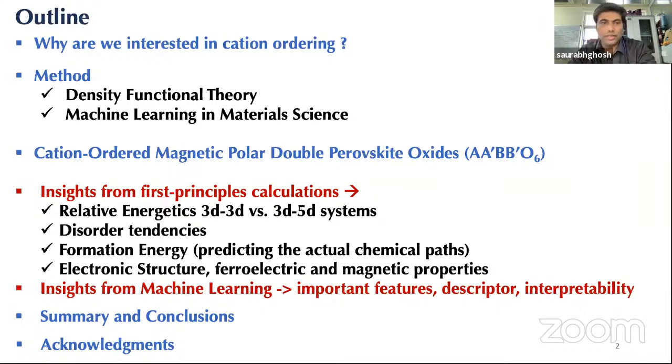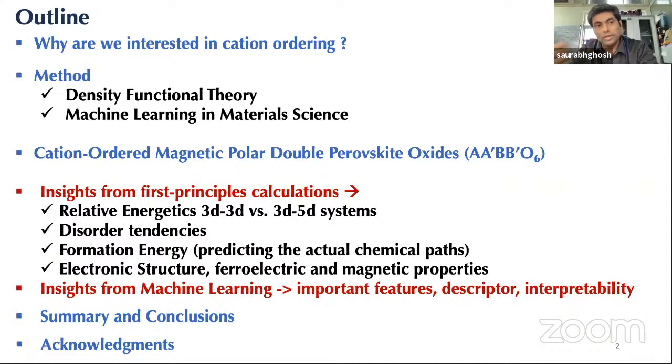And then we adopted a machine learning technique to understand this cation ordering more in depth. We'll mainly be focusing on cation ordered magnetic double perovskite oxides, A prime, BB prime, O6. And then from the first principle calculations, we'll get an insight into how we can achieve clear cation ordering.